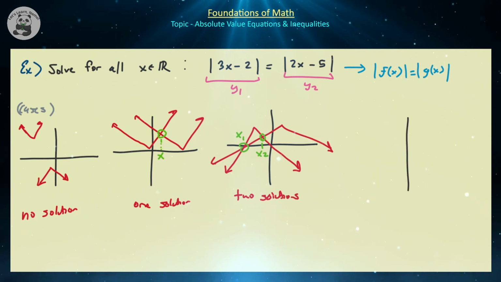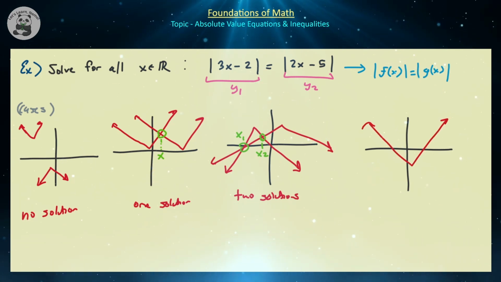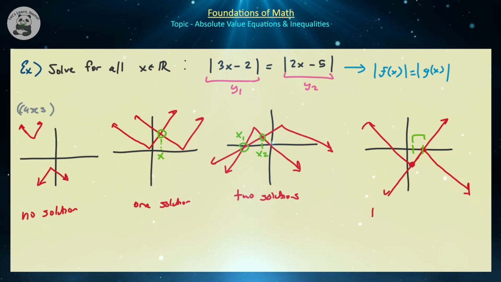And you could actually have a few strange setups. For example, let's assume you have one V here, and let's assume that you have one V here. Notice that there are actually infinitely many solutions on this particular region.